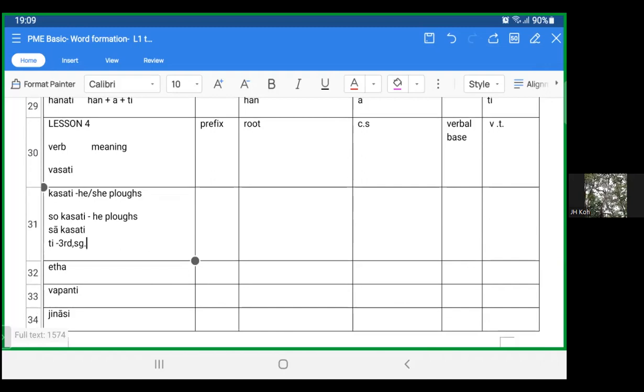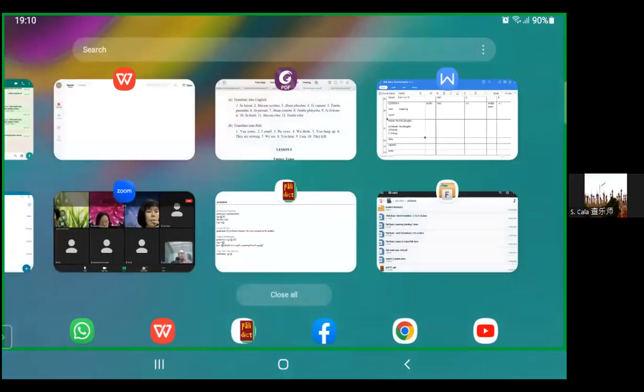Can I ask about the sa kasati? Last time I learned somewhere it's only short a. Is it short a or long a sa? My notes say short a, but now you are using long a. Normally it's a long a.